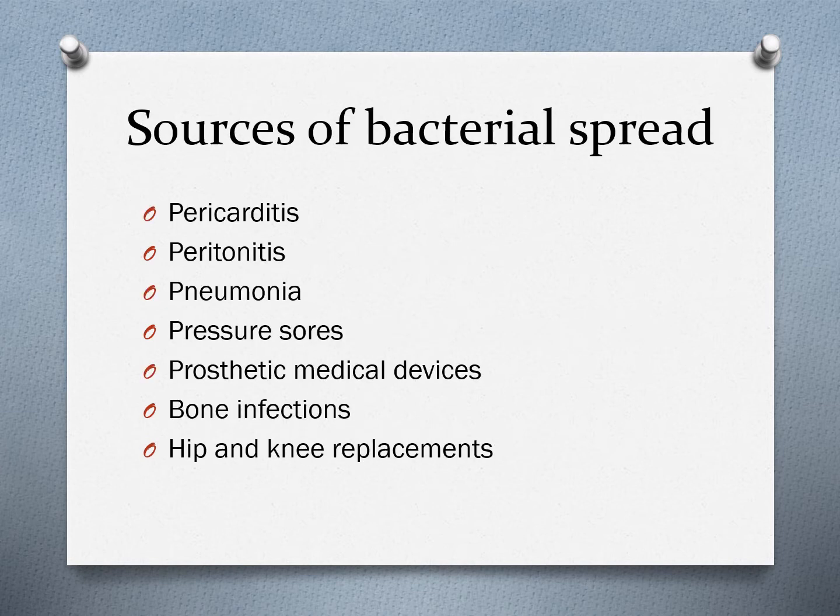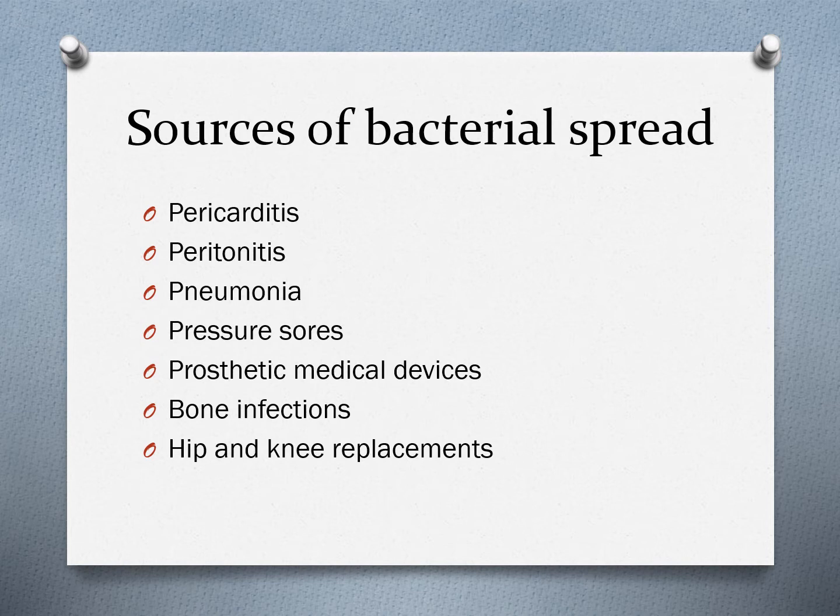Some sources of bacterial spread, things that actually spread bacteria around the body, would be pericarditis, which of course is an infection of the pericardium around the heart. Usually things that cause infections around the heart would be Staph aureus or strep A. You can have peritonitis. 5% of all septicemias originate from enterics in the gut, and an explosion of those enterics into the gut during peritonitis.